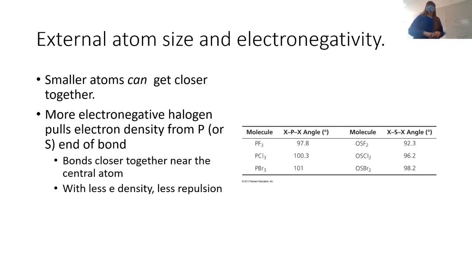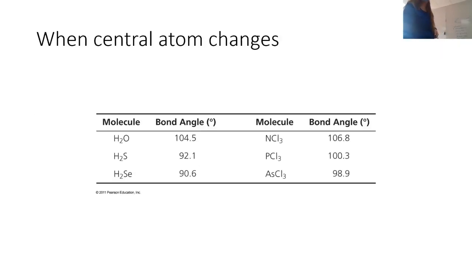So we just started looking at the example where we're changing the central atom. On the central atom, again, we have to be thinking about those bonds being closer together. We have sort of an odd thing going on, and you may have noticed this with the phosphorus, that those bond angles had gotten smaller than 100 degrees. We were really deviating quite a bit from that 109.5 ideal angle.